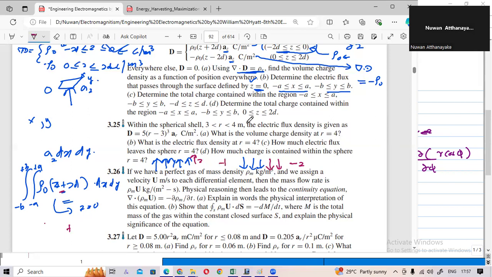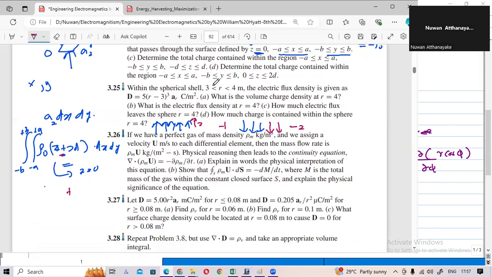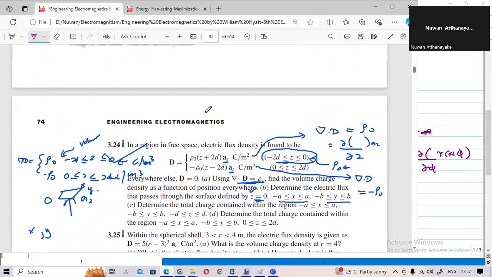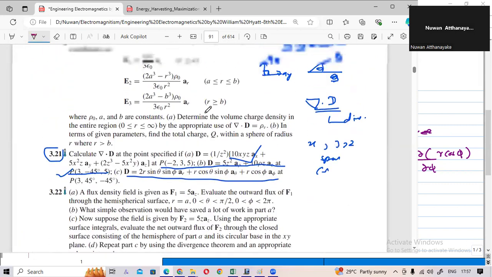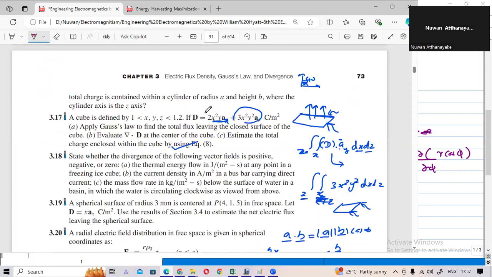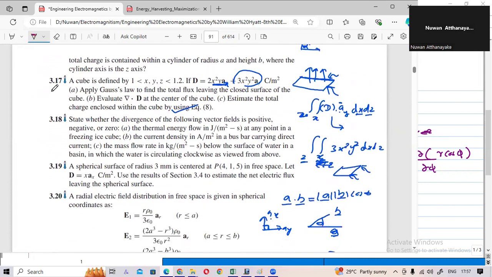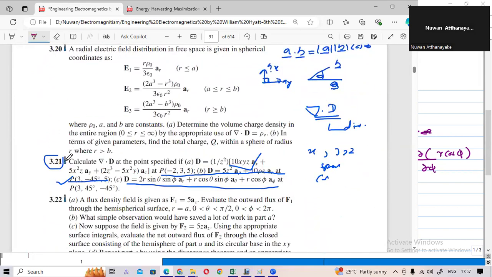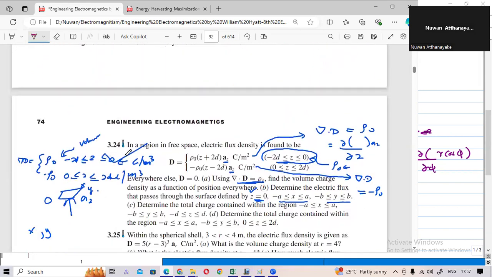So as I can remember, we have done one or two examples like this, okay? So I'm not going to do it. Just try to do it, okay? As I can remember, those are the questions we have done in that physical session, 3.17, 3.21, and 3.24.